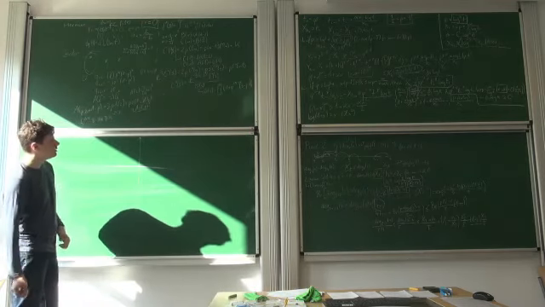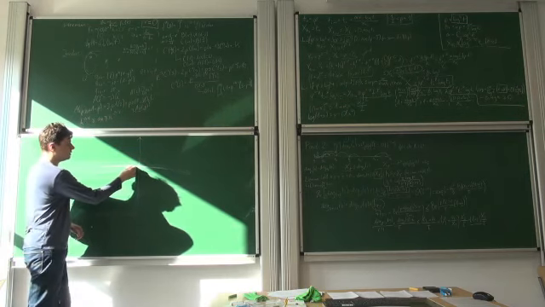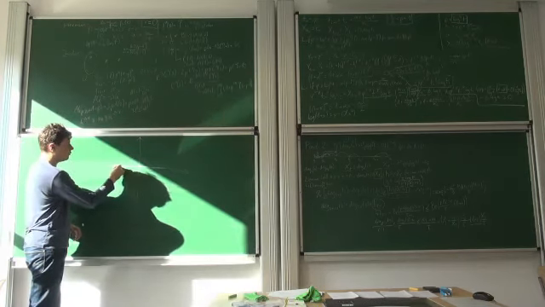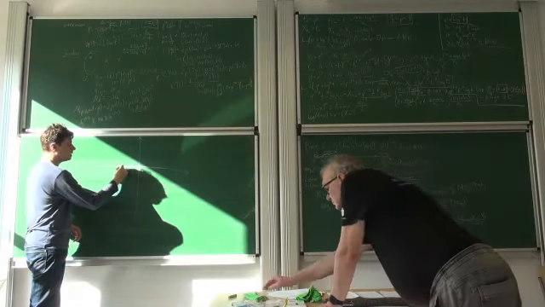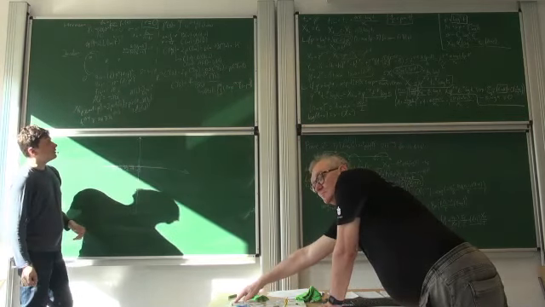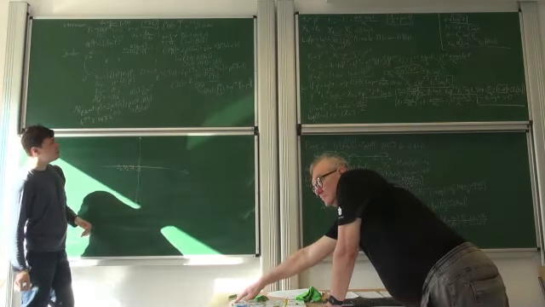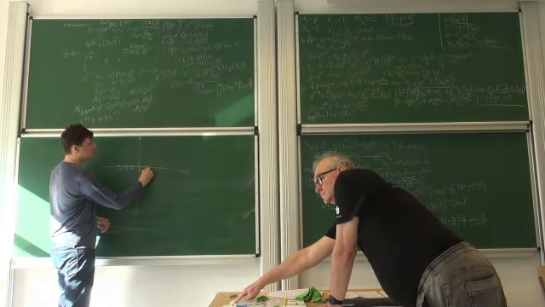Fortunately, gamma of s has poles in 0, -1, -2, -3, and so on. P to some power does not have any poles, and d of s has a series of poles twofold.